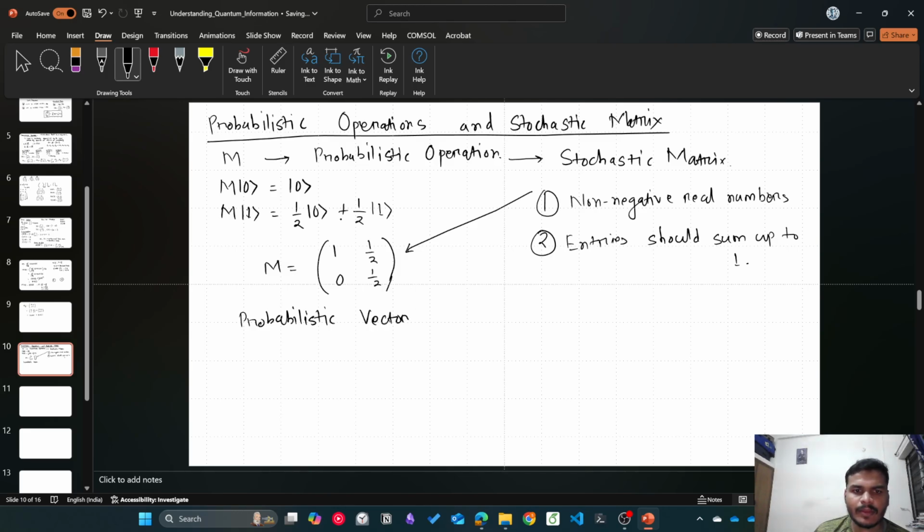So basically, you can represent any probabilistic state as a probabilistic vector, as we have discussed earlier. So if we apply a stochastic operation, a probabilistic operation, or the stochastic matrix, it is going to give you another probabilistic vector, right?